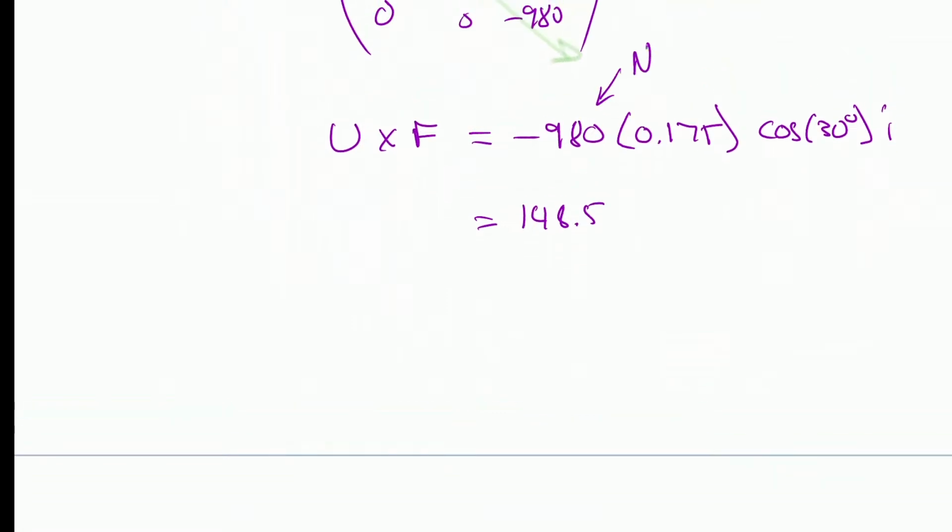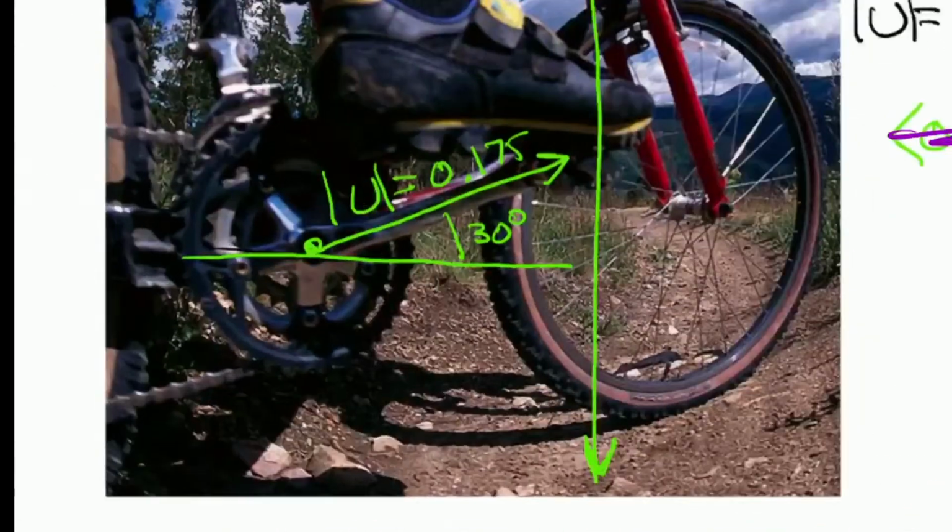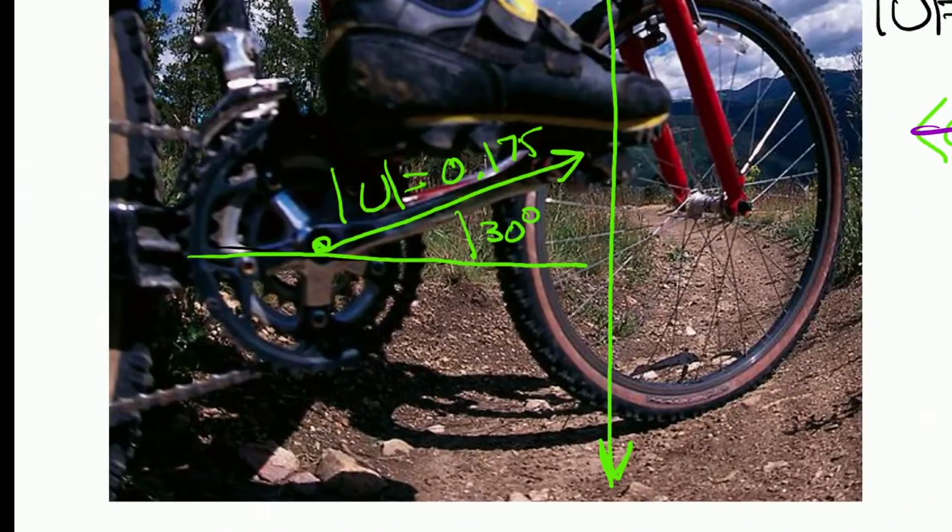These are newtons. This is a meter, and cosine of 30 has no units, so these are newton meters, the amount of torque that's going on this particular lever. If you orient this thing, it's a vector that goes through the spindle of this particular crank arm here.